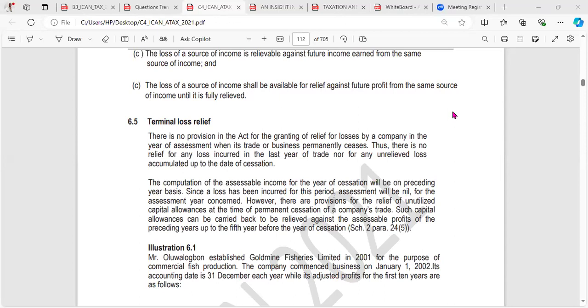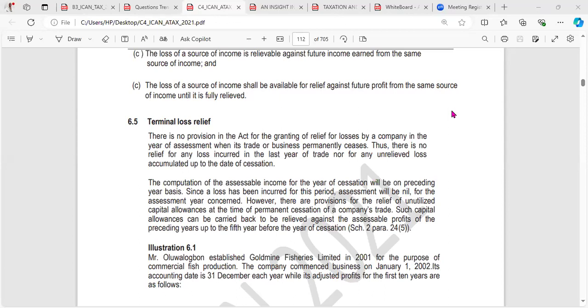So it means that if a business ceases in a year of assessment, there is no provision in the law for granting relief when it ceases business permanently. So it means that any loss that has occurred in that year, if it cannot be relieved, that loss has lapsed. It is lost or gone forever.